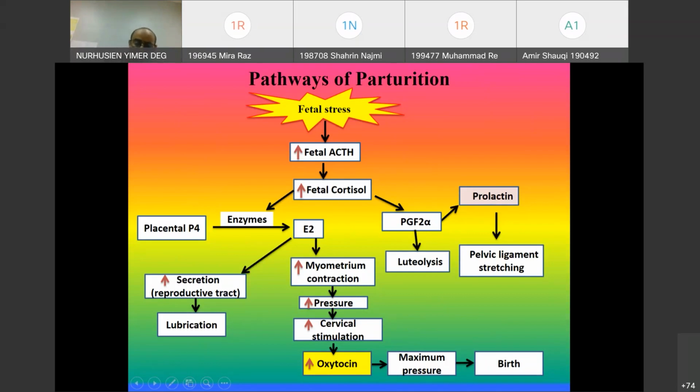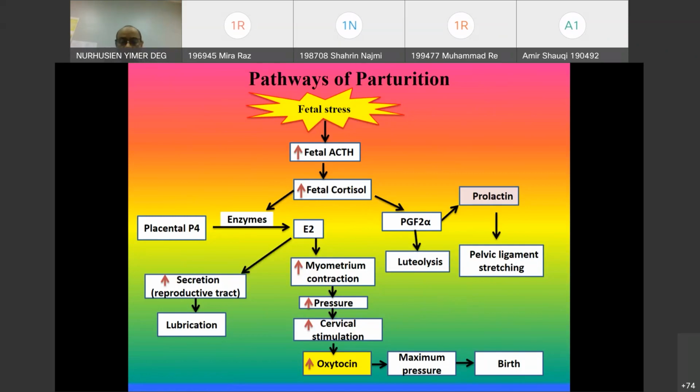So with this impact of contraction on the uterus due to the oxytocin release, coupled together with other contractile effects of the estrogen itself, and with the ligament stretching and lubrication of the birth canal, altogether will have an ultimate effect for the whole process of parturition to be completed by birth, or giving birth to a new being.